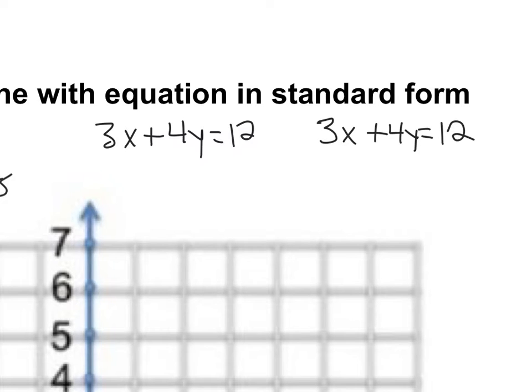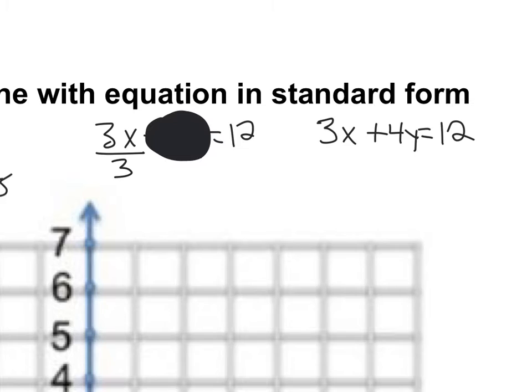To find either of these intercepts, you are going to plug in a 0 for the opposite variable. So if I want to find the x-intercept, I'm going to plug 0 in for y. So basically what we're going to do here is block out that y right there, and from there we are then going to solve 3x equals 12.